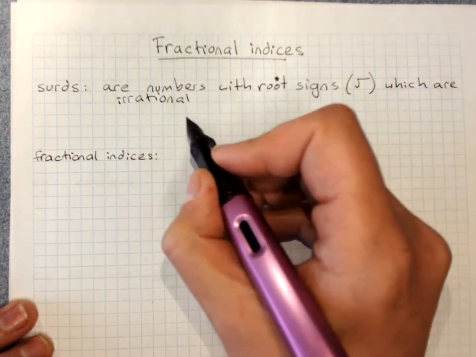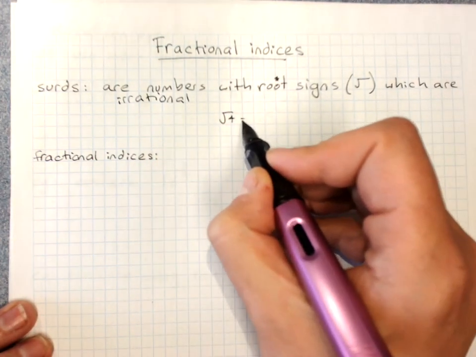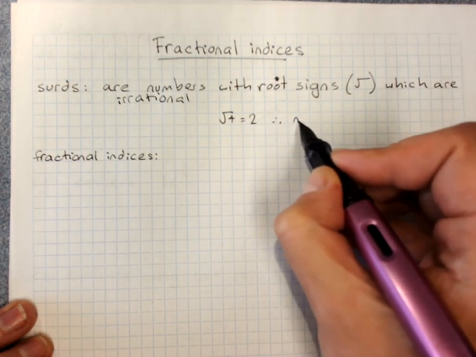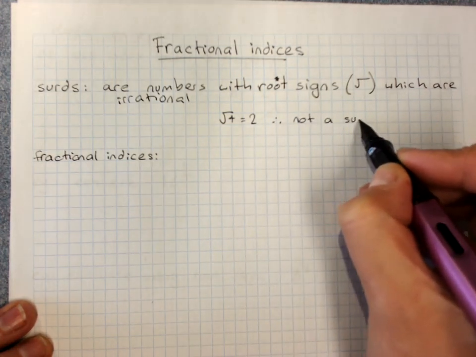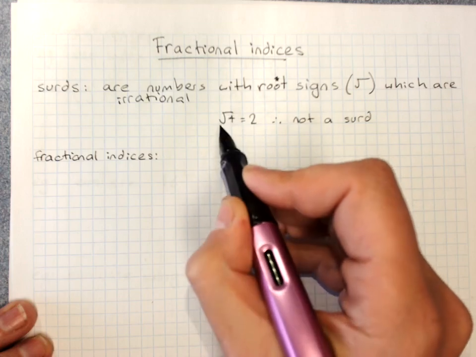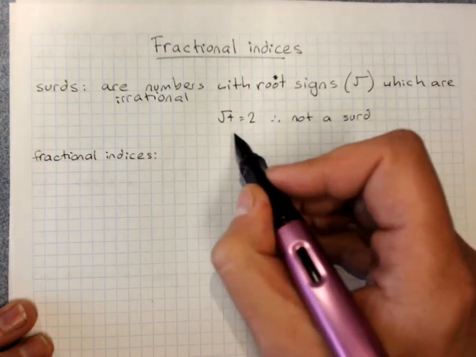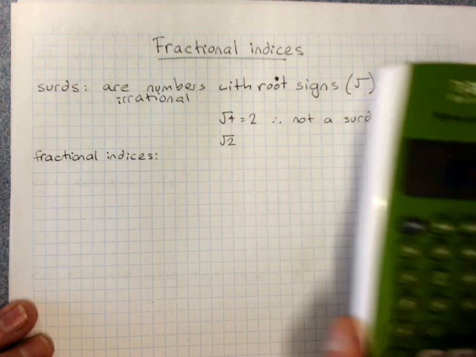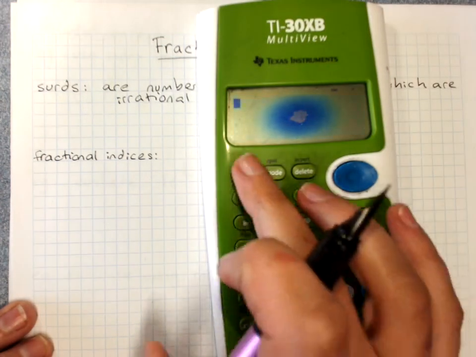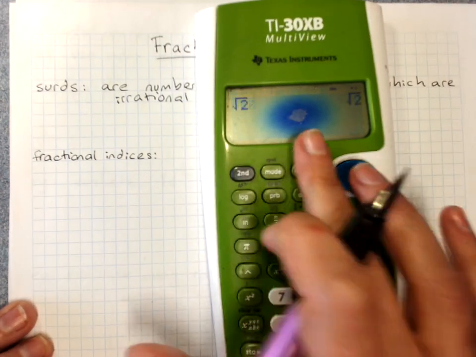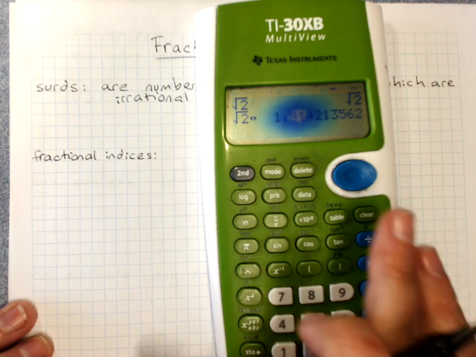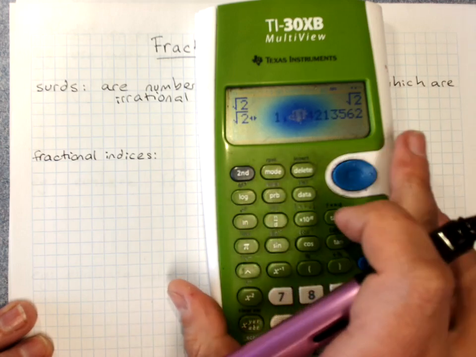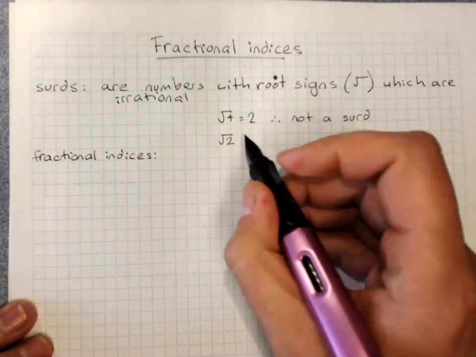So while the square root of 4 is 2, that's not a surd. This is written in root form, but it's not a surd. The square root of 2, when you evaluate it, 1.414, etc., just keeps going.